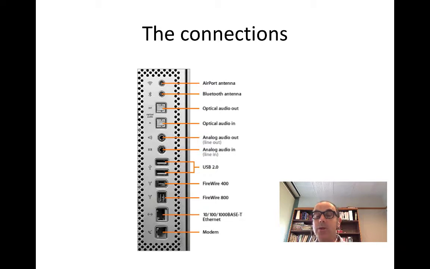The connections that we have with our computer are usually Bluetooth, optical audio, USB, and modem. All those things were created back in the 1990s or even beforehand. Nowadays, we connect everything wirelessly, and this is where phones are such powerful tools because of it.